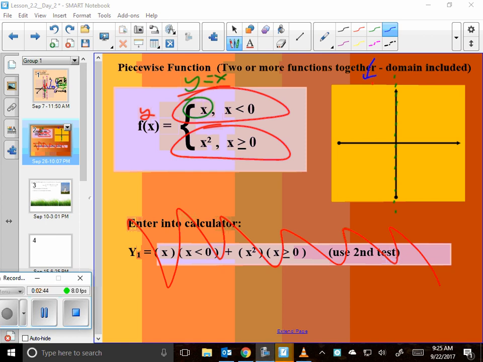Only in this zone do I have a straight line. So I'm going to go right up to there, and I'm going to be really careful at this point. Does this straight line own the border there or not? It does not, because it says less than 0. So up to that moment, but not at the border. Okay? So if you didn't have an empty circle right there, you would have not gotten credit, even if everything else was perfect.